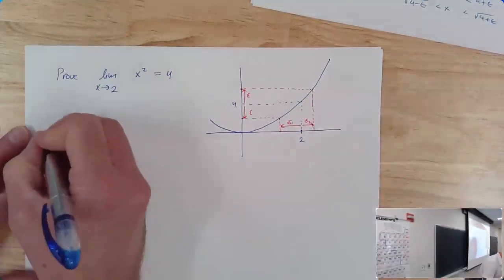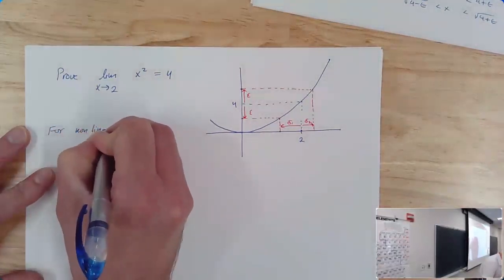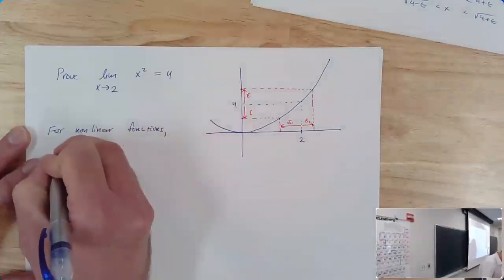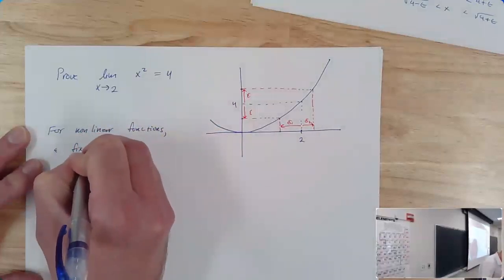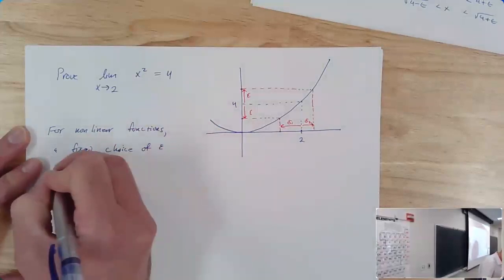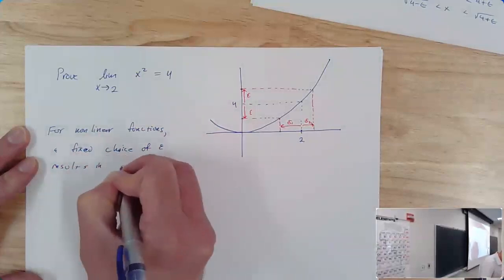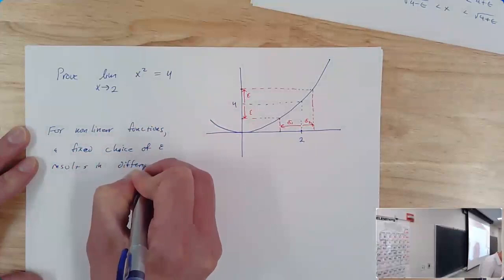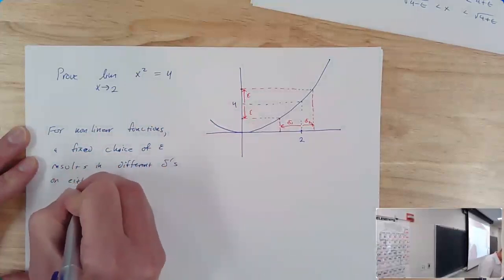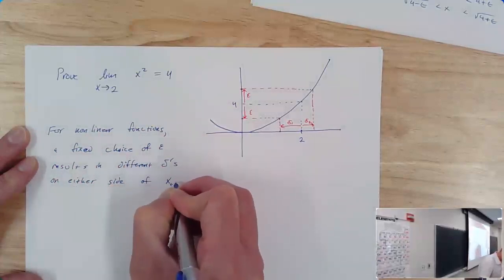So for nonlinear functions like X squared, a fixed choice of epsilon results in different deltas on either side, in this case on either side of X equals 2.